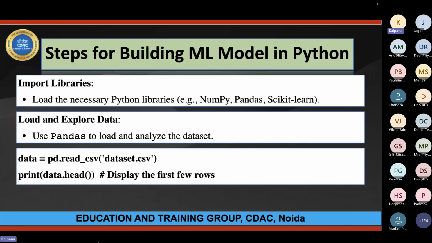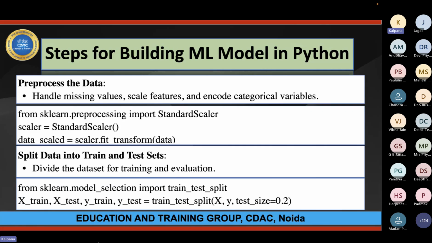Then you have to pre-process the data if there are some missing values. If image is to be rescaled, resized, these are the things which need to be done before you send this data to the model. You can use sklearn for pre-processing the data.